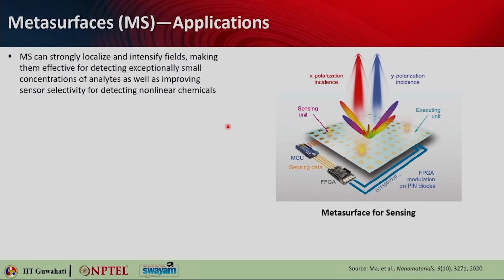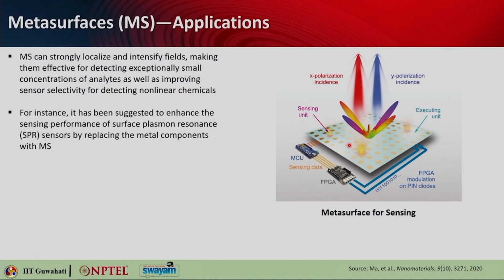So here each meta-atom or building block is a resonating element, so they can work as a sensor, and it has been suggested to enhance the sensing performance of surface plasmon resonance based sensors by replacing the metallic parts there with metasurfaces.